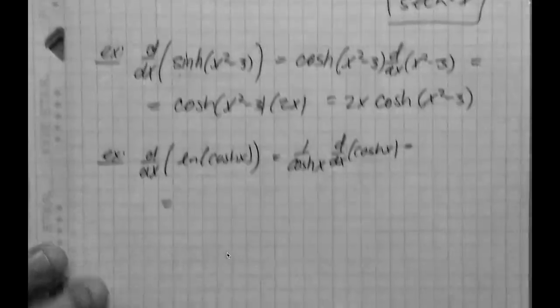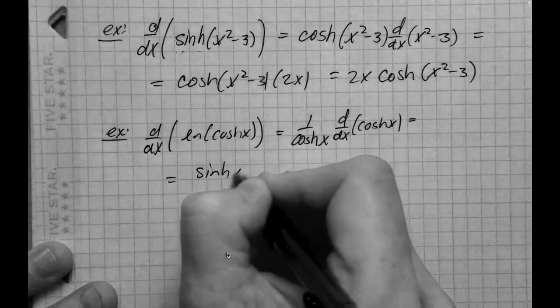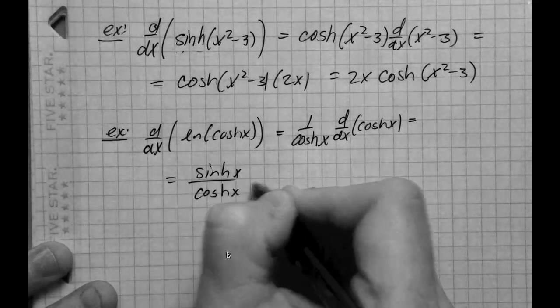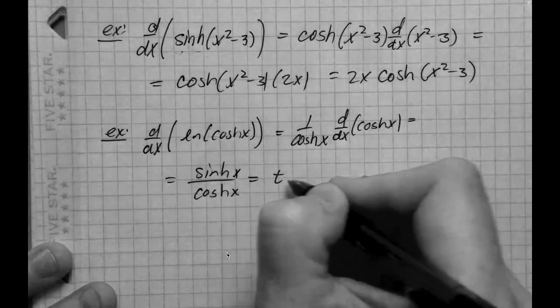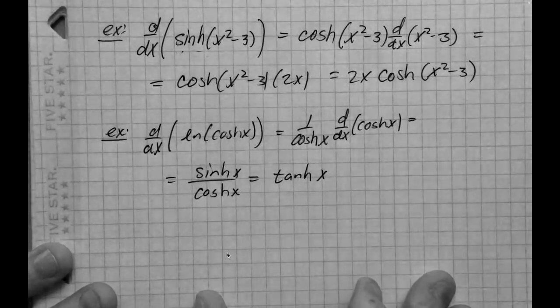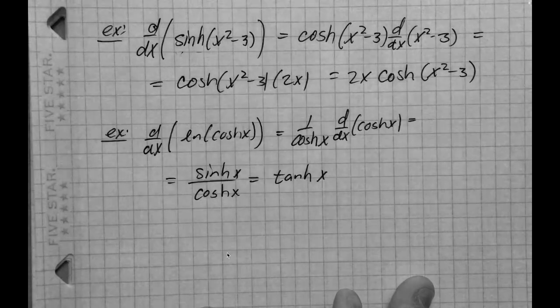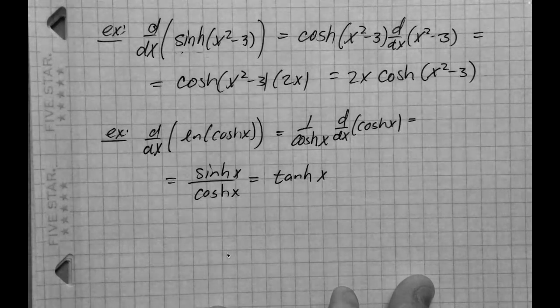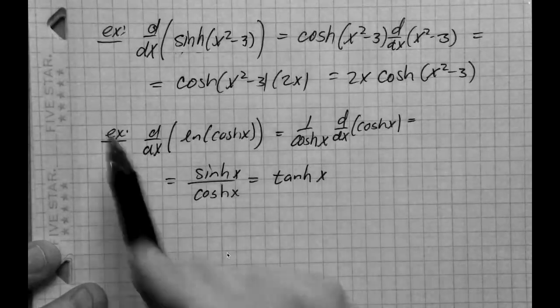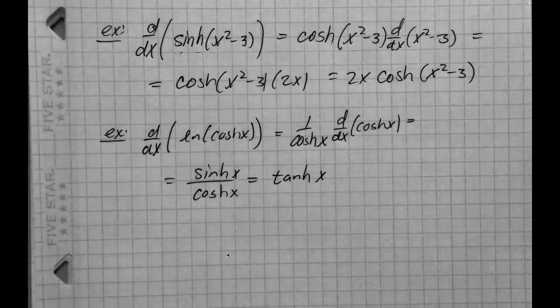And so that is going to be sinh over cosh, otherwise known as the hyperbolic tangent. Okay, and so that's good, right? Those are two nice examples of differentiation.